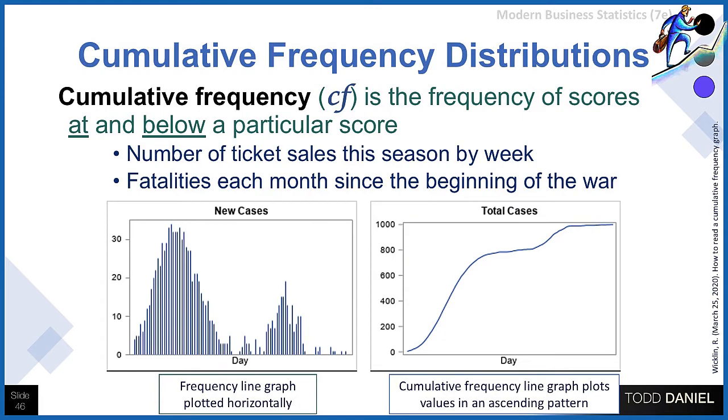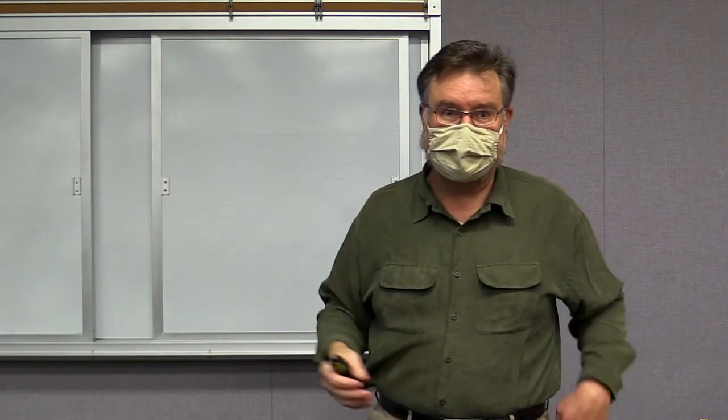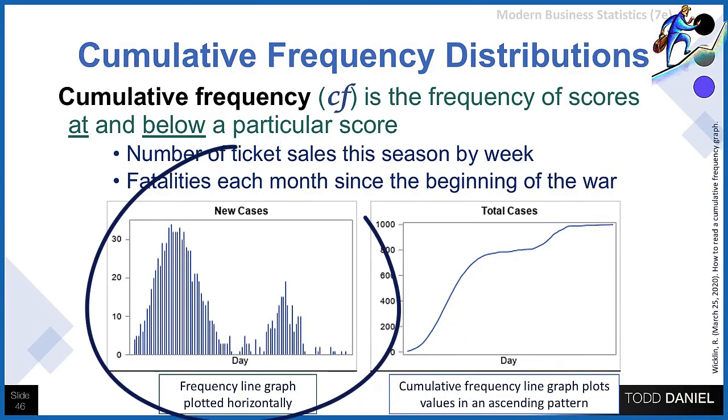If we are tracking the number of fatalities each month since the beginning of the war, we see numbers higher or lower each month, but we also want to keep track of the total number of fatalities. Or, as has become very common, there's a pandemic, and we're tracking either the number of cases or the number of deaths. The cases are usually tracked with the simple frequency, so we can tell when there is a spike and when there is a decrease.